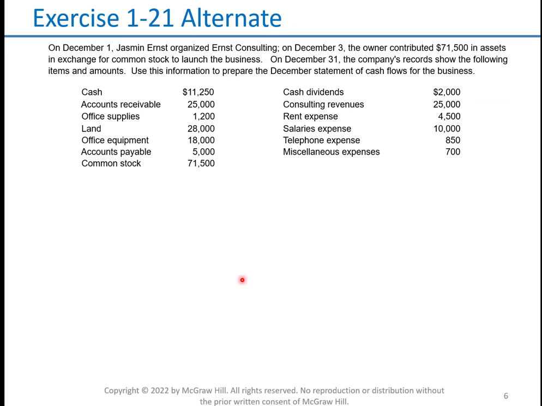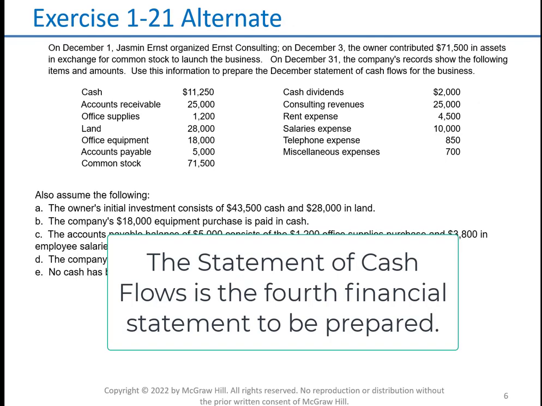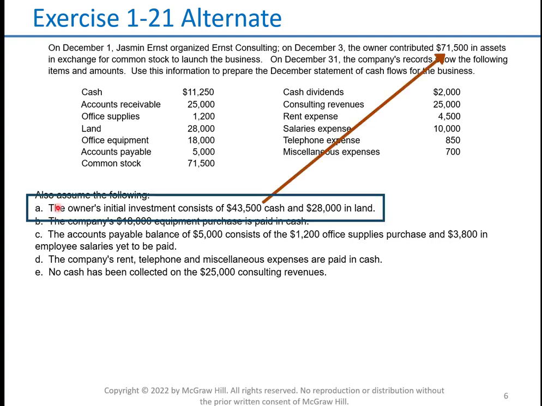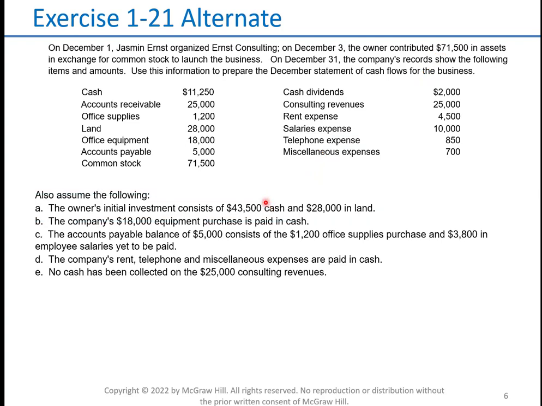Now the next statement is called the statement of cash flows. In order to prepare the statement of cash flows, we have to have some additional information, which you can see on here. So remember, the owner contributed $71,500 in assets, but we need to know a little more detail about that. So $43,500 of that was in cash, and $28,000 was land.